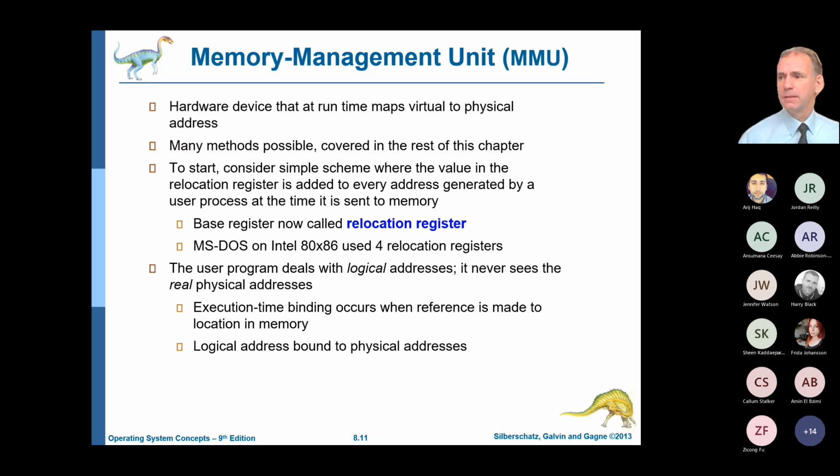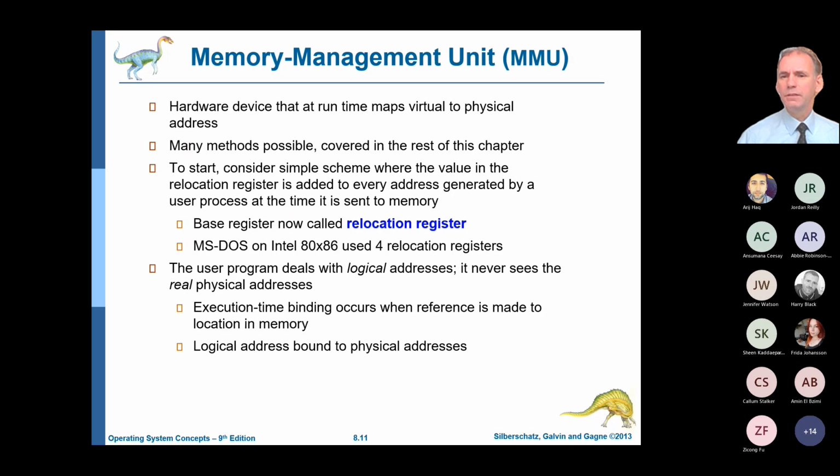It could be as simple as saying, give me the address you want and I'll add on a number. A relocation register. Yeah, I know you think you're starting at memory address 0, but I've slotted you in at memory address 12,000. So every time you ask for memory address 0, I'll give you 12,000. And every time you ask for memory address 1, I'll give you 12,001, and so on.